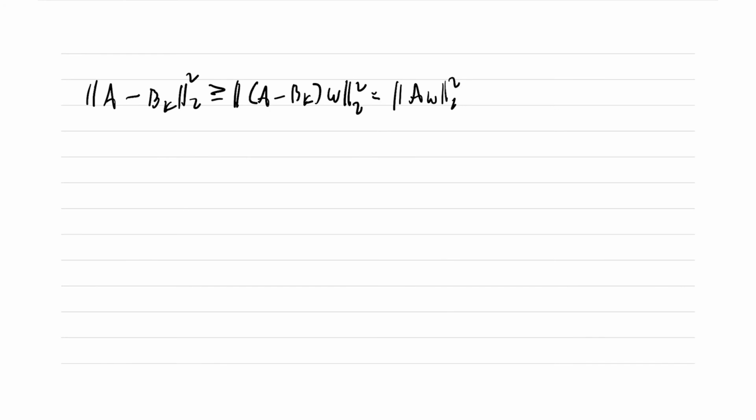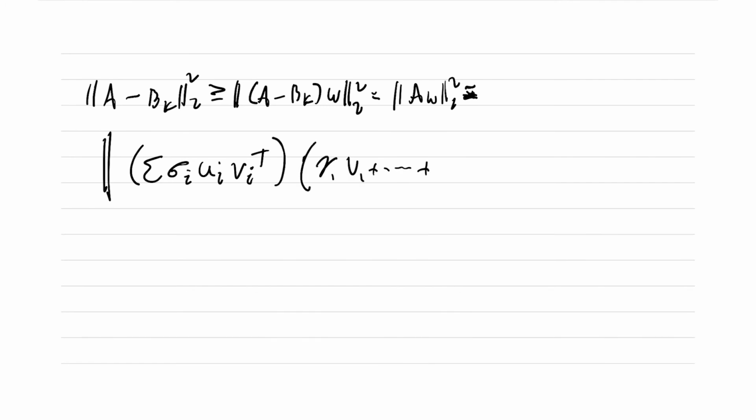And then since A can be written in terms of the SVD, we're looking at the sum of sigma_i u_i v_i transpose acting on W, which is gamma_1 v_1 up to gamma_{k+1} v_{k+1}, and this squared.